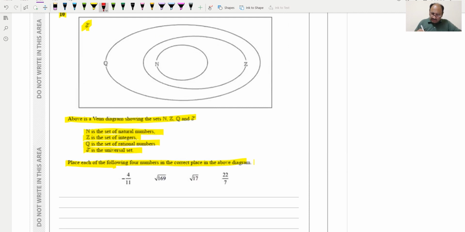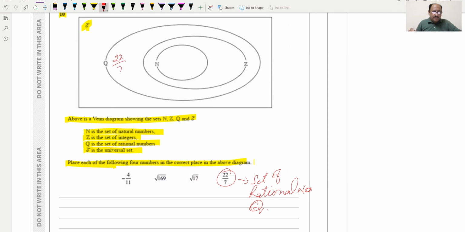This is basically a fraction, which we can say is a rational number. So this is from the set of rational numbers, and this can be from Q, and we can mention this 22 by 7 in Q over here.